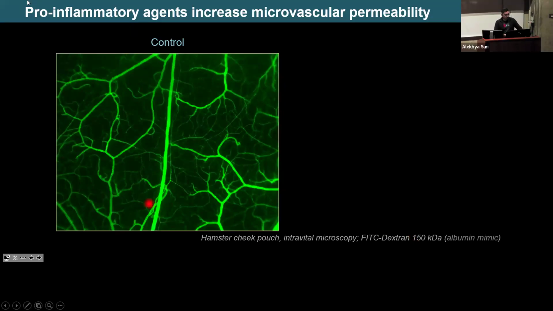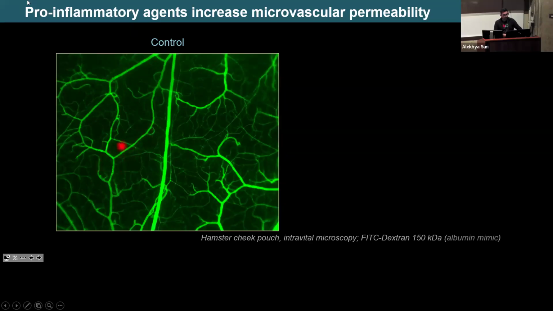And what you can observe is there is this central vessel here. This is probably an arteriole, if not a vein. Yeah, this is an arteriole. And in the background, over there, you have venules and arterioles, tiny ones.